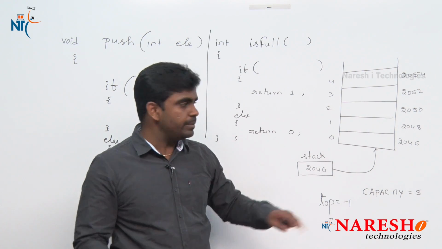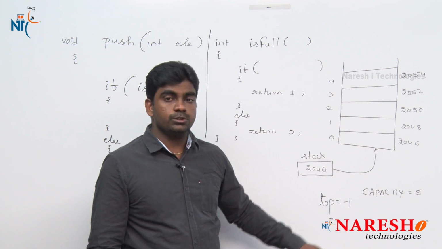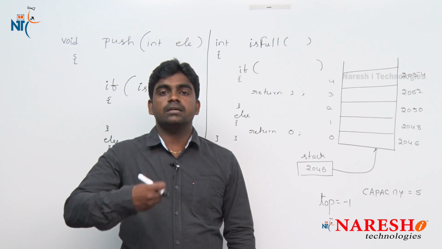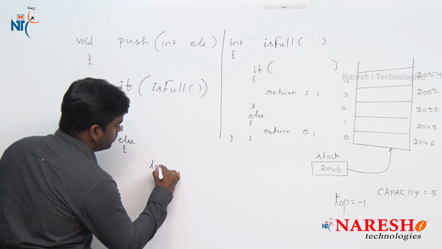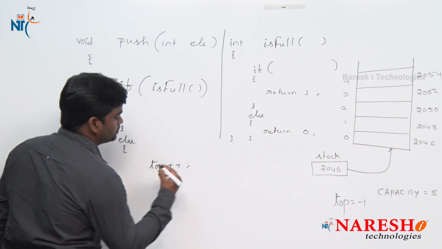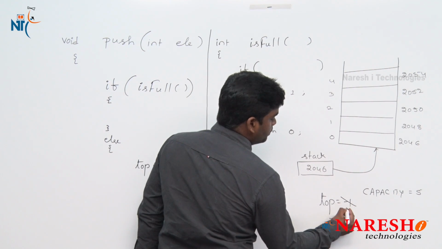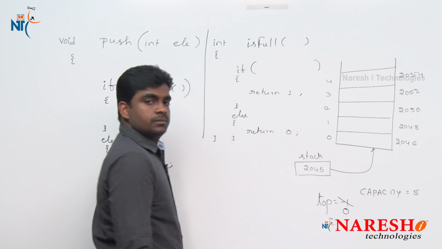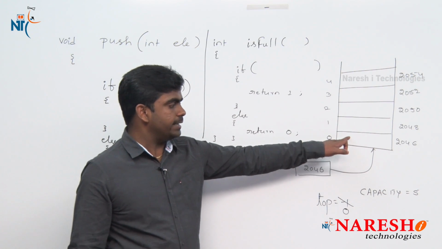Actually, we have to insert the element into the 0th location, but top is -1. So first increase the top value. Here first what you have to perform is top plus plus, increase the top value. Observe here, the top value becomes 0. Now it is pointing.